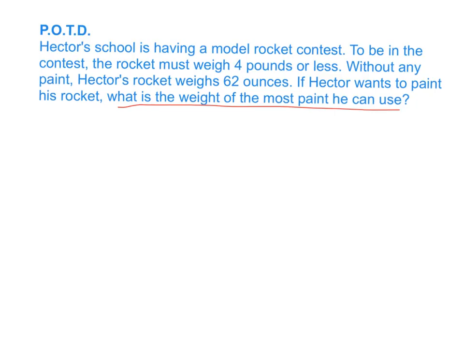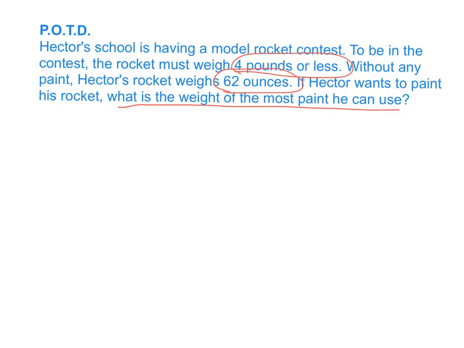What important information do we need in order to solve this problem? Ariel? The rocket must weigh 4 pounds or less. Okay. And without any paint, Hector's rocket weighs 62 ounces. Yeah, it already weighs 62 ounces. So what can we do in order to solve this problem? Harshita?